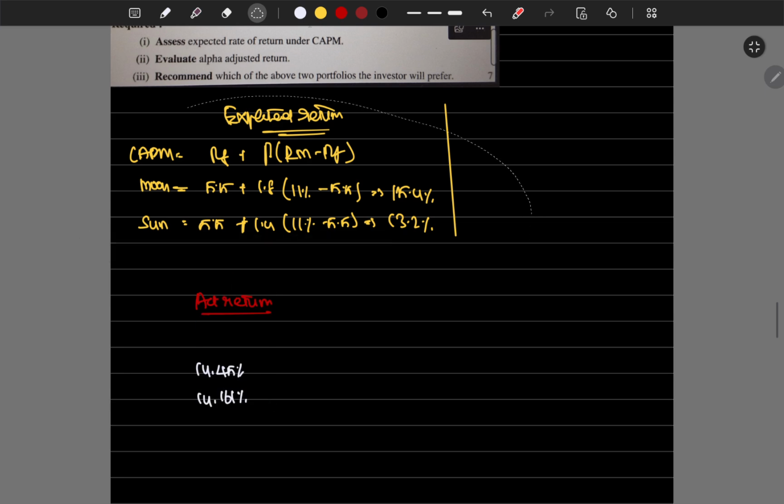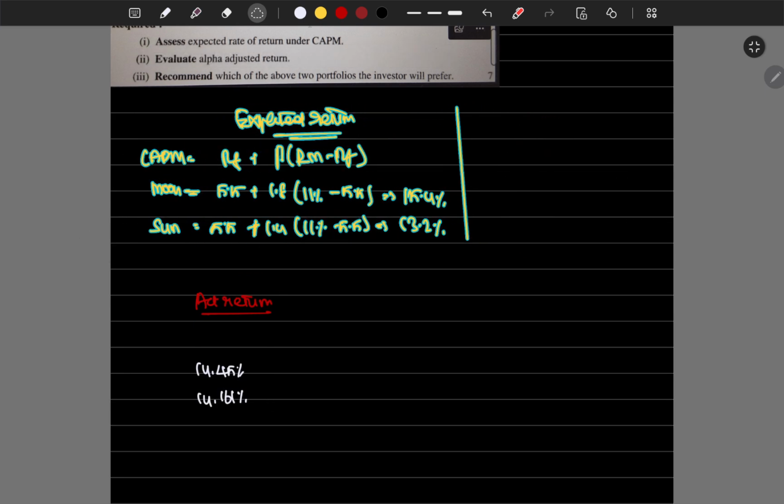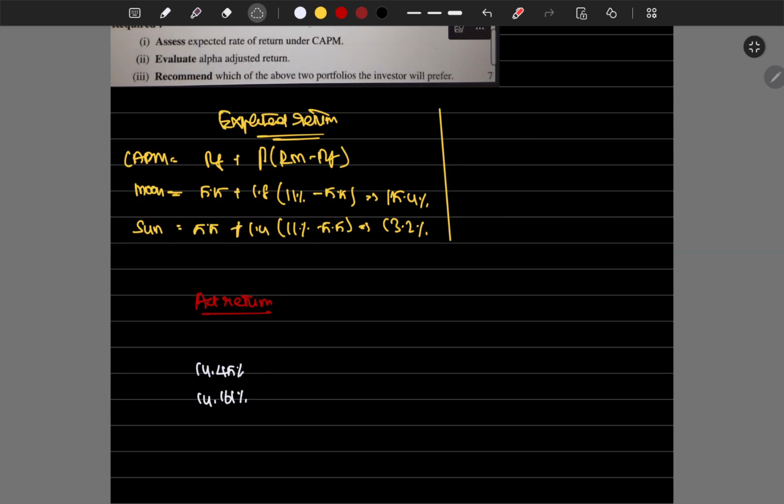Expected returns are 15.4% and 13.2%. What's the alpha adjusted return? 14.45% minus 15.4 is minus 0.95.